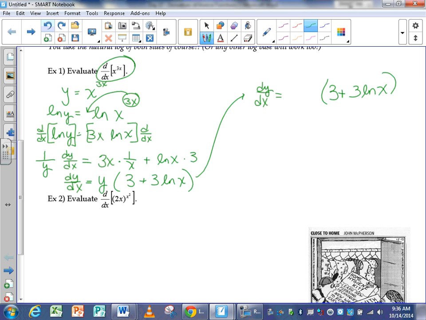Well, I don't have to write y because look, here's what y is in terms of x. So I'm going to write y as x to the 3x, and my derivative is the original times 3 plus 3 ln x. So logarithmic differentiation is basically a way of giving a process to taking a derivative when you have a variable on the bottom and a variable in the exponent.